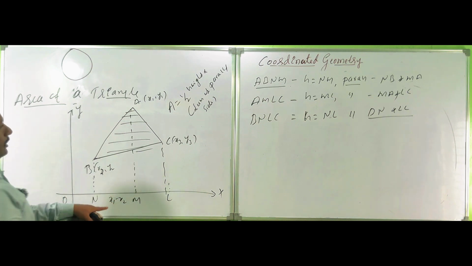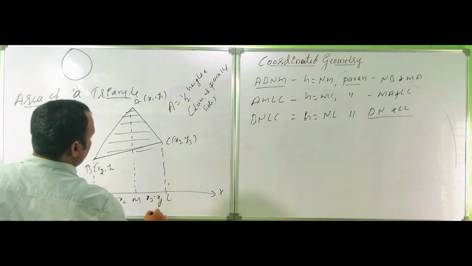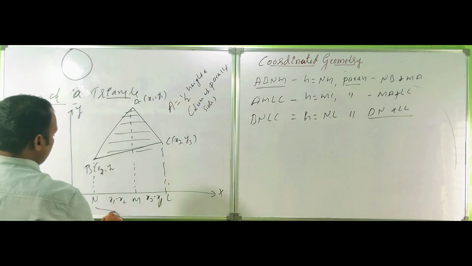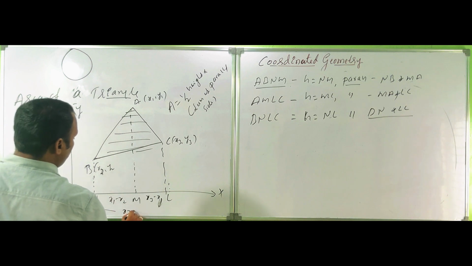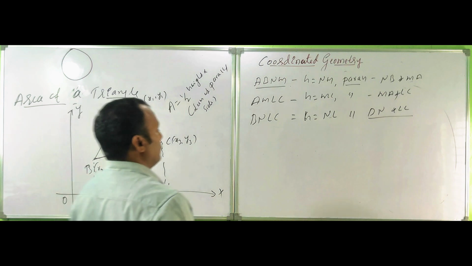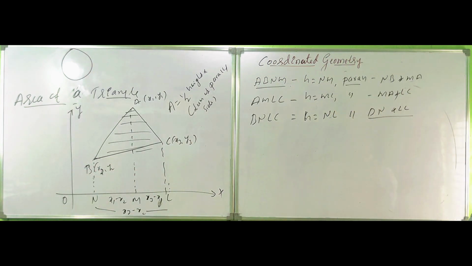This point is x3 minus x1, upper side. And NL is x3 minus x2. So here you can write. Where should I write here? This one.